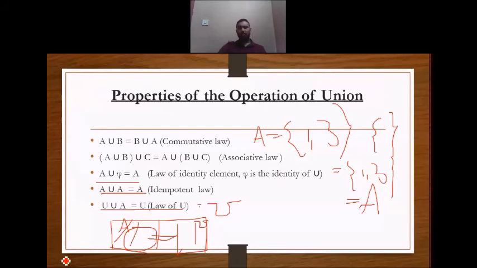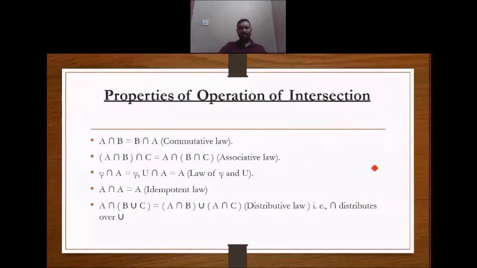We move on to the properties of intersection. In a similar way, only the third and fourth will be different. The first one: what is intersection? We are finding the common elements. A intersection B means what is common between A and B, and B intersection A means what is common between B and A. They are nothing but the same.